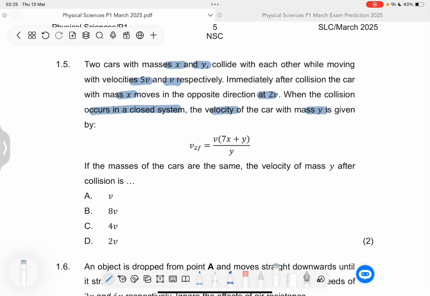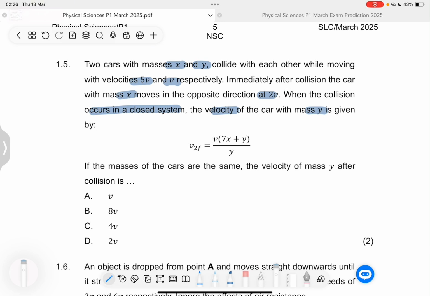Now, what I'm saying is that if you take this information and say this is M1, M2, and this is V1 initial and V2 initial, and then this would be M1, and this will be the final velocity of x. Because we said x is M1, this would be V1 final, and it's going to be negative 2v.